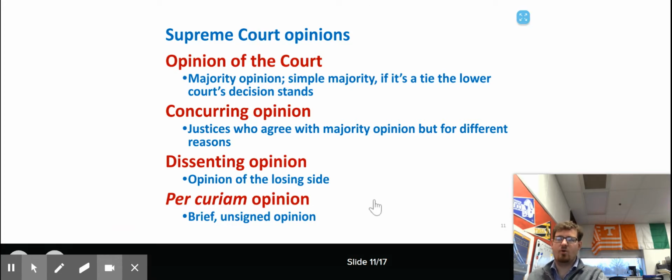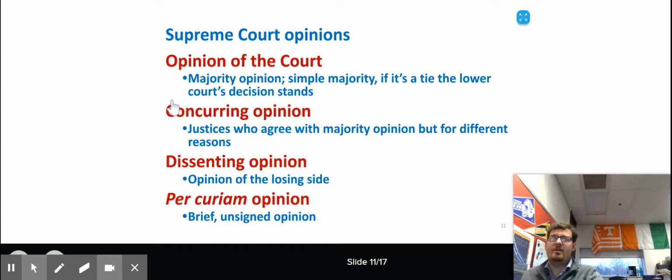So the opinion of the court, also usually just referred to as the majority opinion, is how the majority of judges vote on the written opinions. Not a crazy definition. I think most of you could identify that.